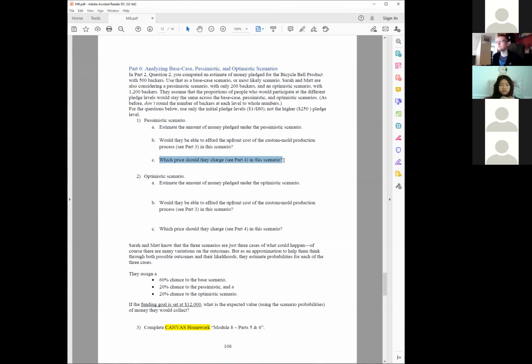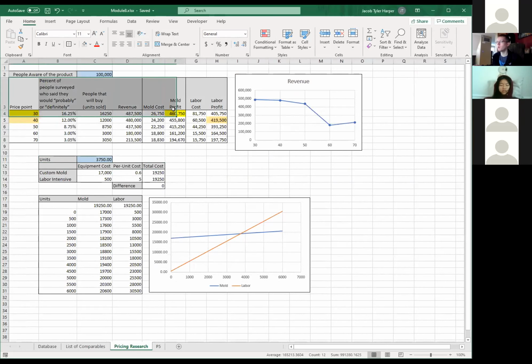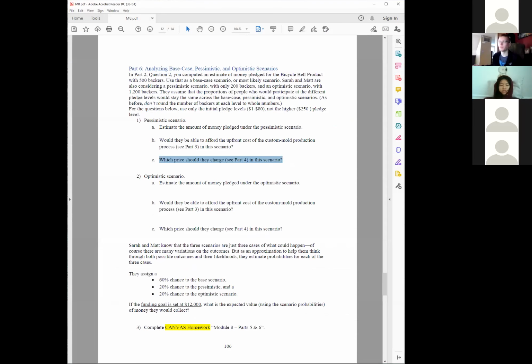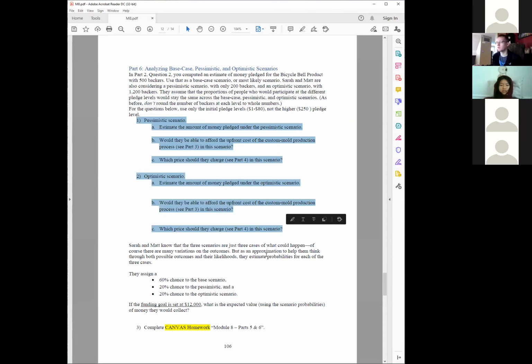And then for C, what we're doing is going back to our work in part 4, where we decided, hey, if we're going to use the mold, if we can afford it, we should use a $30 price point. But if we can't afford the mold, we should use a $40 price point. So again, it's using information we've already figured out from previous parts. And so that's how to answer these first two questions.